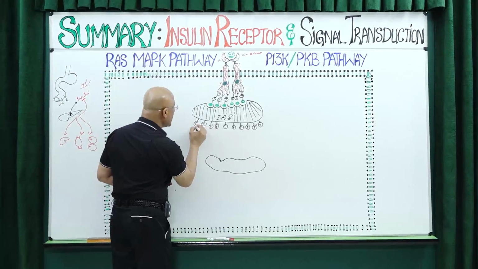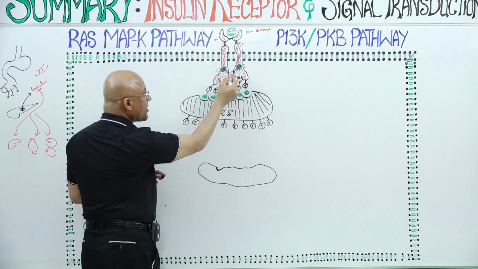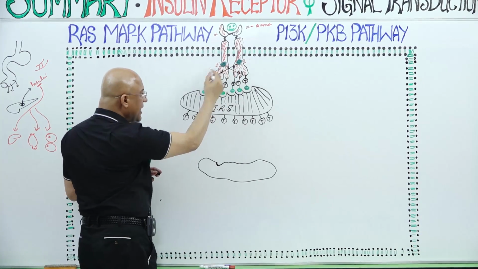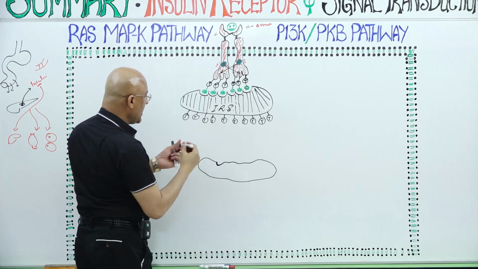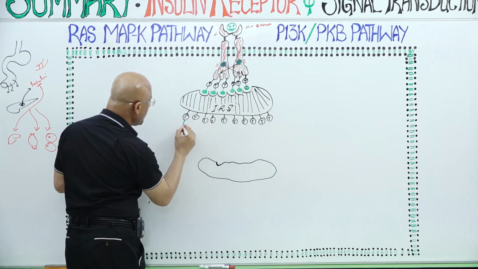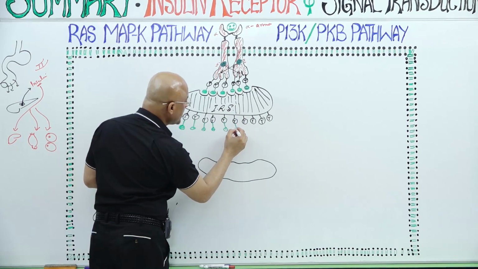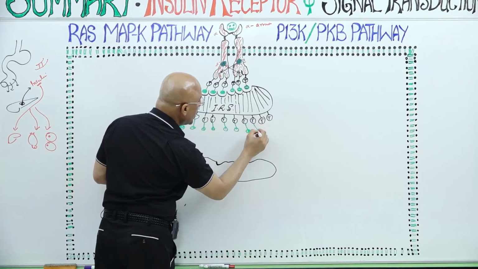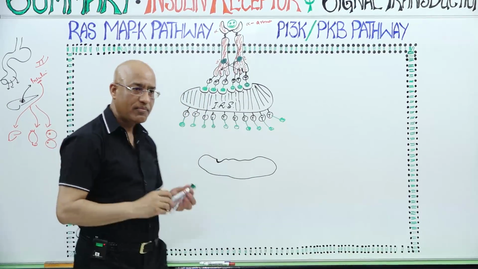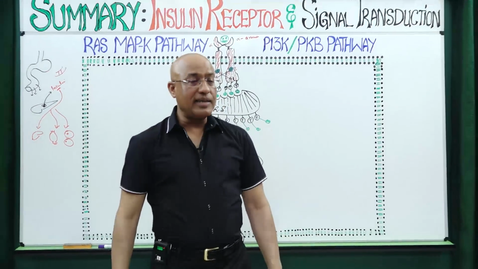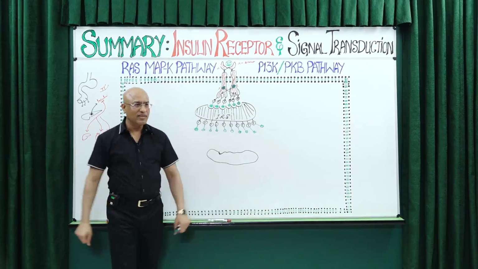So this tyrosine kinase, which initially attacked each other, will then go and attack IRS and phosphorylate the tyrosine residues on IRS, right? There are 20 to 22 tyrosine residues on IRS that will be phosphorylated. And when IRS is phosphorylated, it is ready to give signals, right?